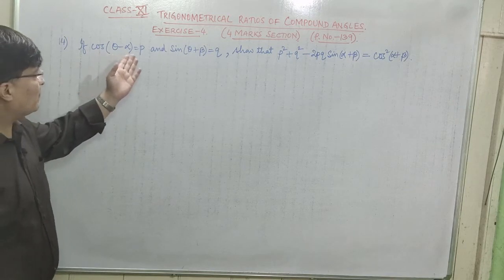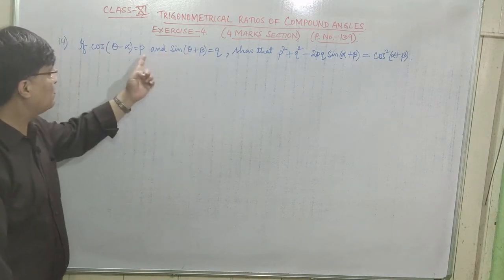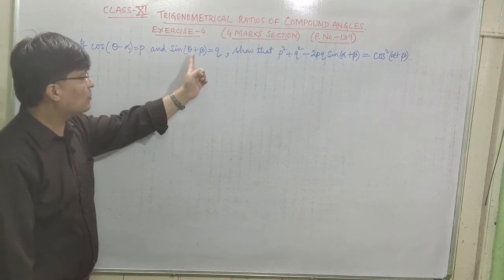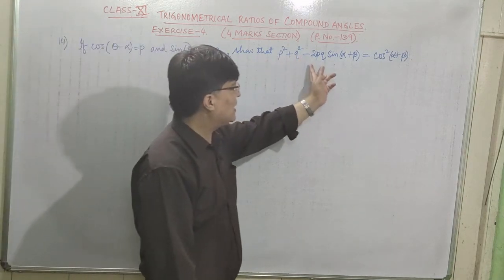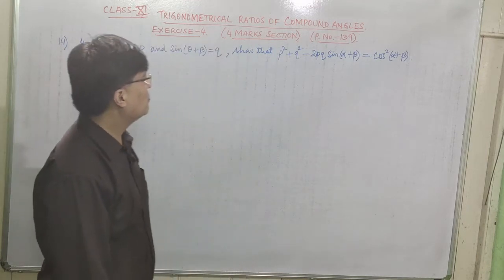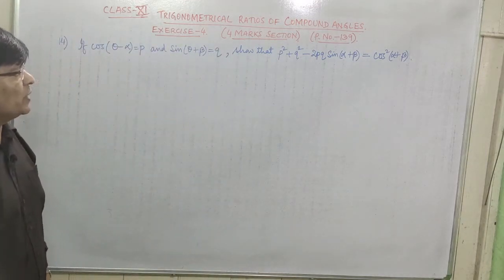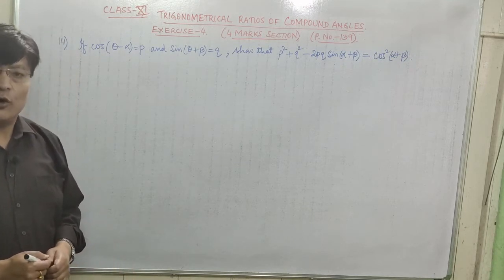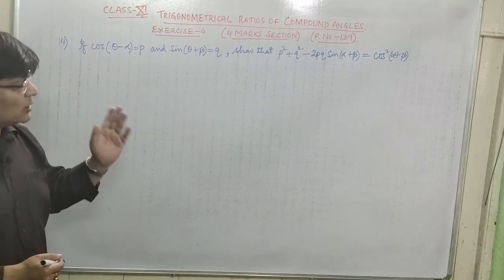So from these given values of p and q, that is p is equal to cos of theta minus alpha and q is equal to sine of theta plus beta, you have to prove this LHS is equal to RHS. That is, p square plus q square minus 2pq sine of alpha plus beta is equal to cos square alpha plus beta. So let us prove it.